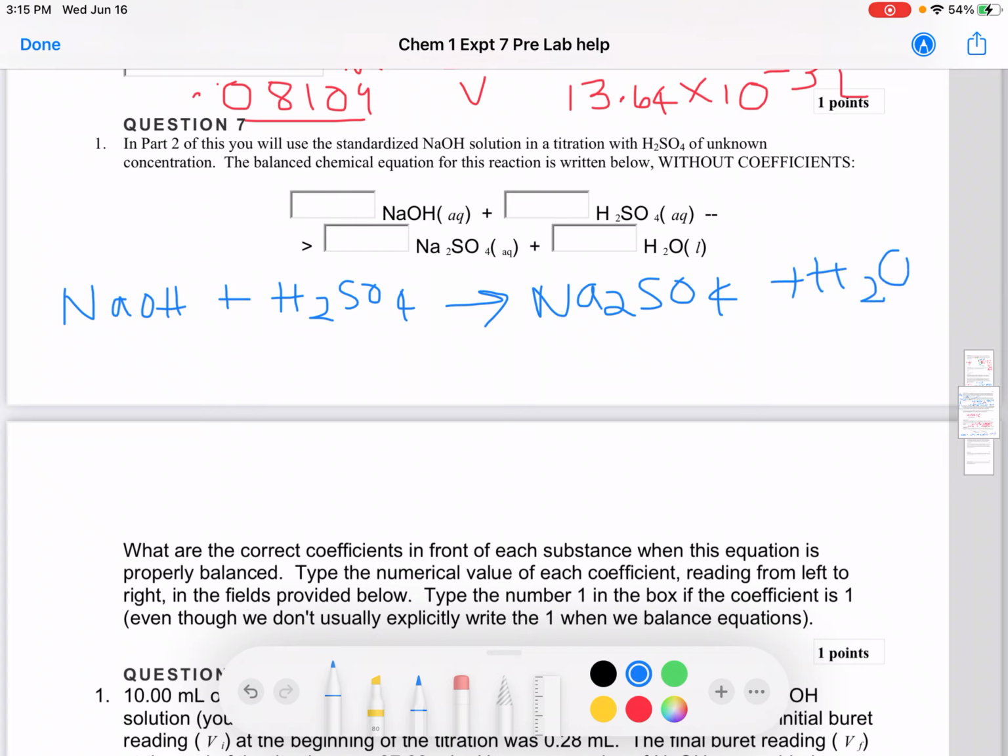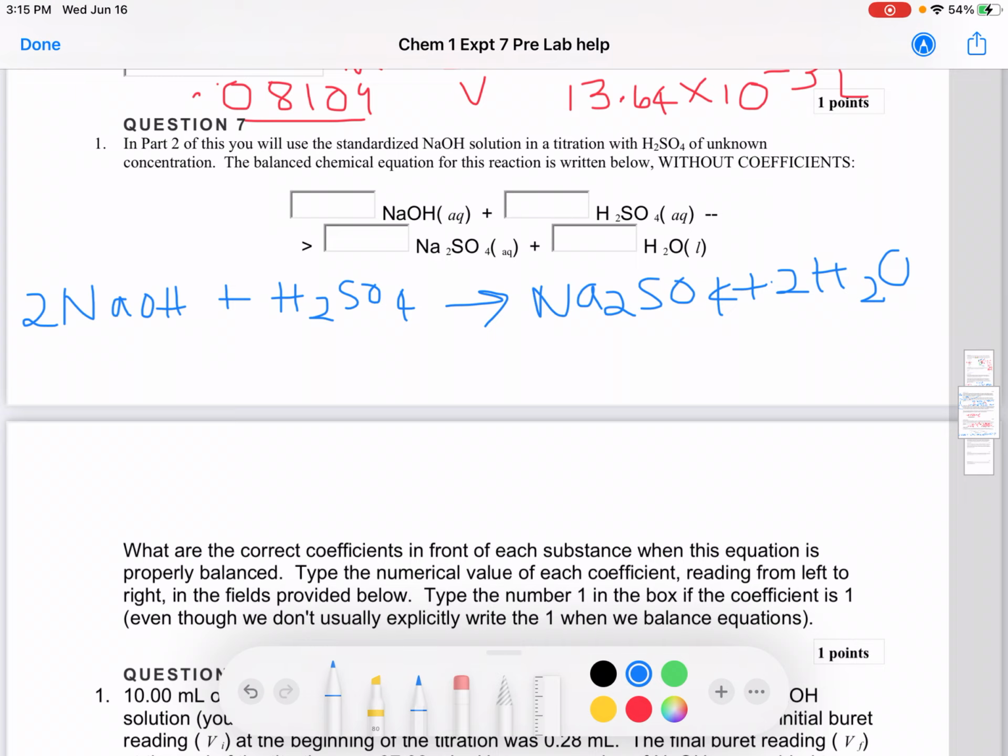How do you balance it? For Na2SO4, you put 2 in front of sodium hydroxide, and that makes 2 oxygens, 2 hydrogens. So to balance that, you put 2 in front of water. Now it is balanced, right?